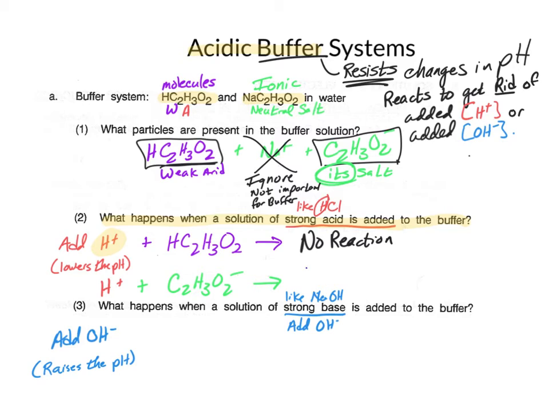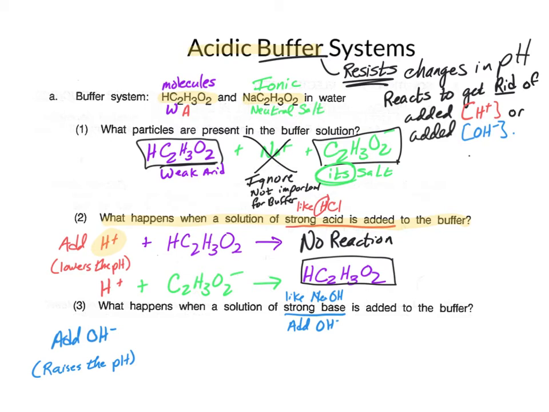In this case, we have 1 plus and 1 minus. We put them together, and we get the formula HC2H3O2. Notice that that is the same acid that we had to start with. One of the reasons that we have to have that matching system is so that when we're done, we make more of what was already in the container, and that stops the pH from changing.